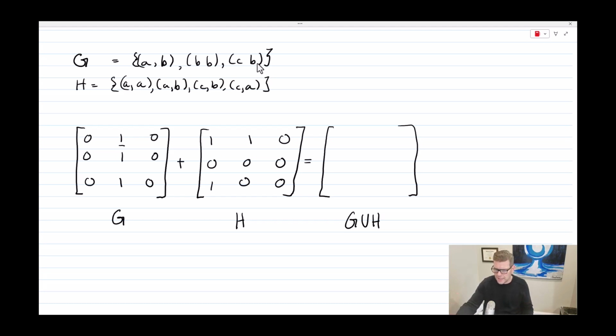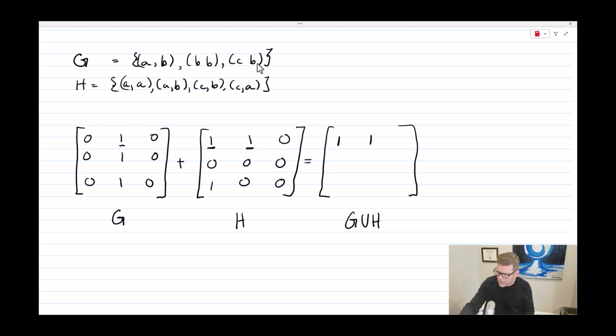And so consequently, we take 1, and even though there is another 1 in H, 1 plus 1 is just going to be equal to 1. So what that's saying is that the edge is in G, the edge is also in H, so the edge will be in the union. Now, if we take a look, say, for example, at AA, well, AA is only in H. But remember, inside of a union, we only need for that edge to actually be in one of the sets. And so since it's in H, we end up with a 1 there.